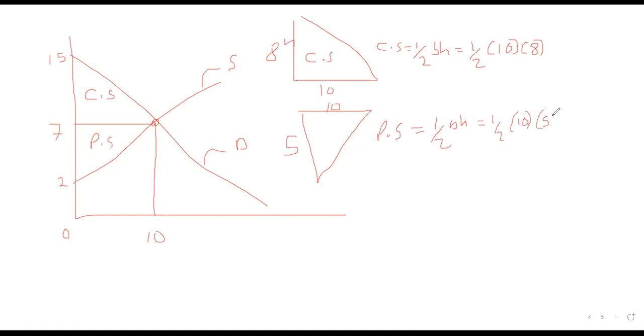So when you calculate that, half of 50 is 25. When you calculate this, half of 80 is 40. So our consumer surplus is 40 and our producer surplus is 25. When we add both the consumer surplus and the producer surplus, what we get is called the total surplus. And in this case, our total surplus is 65. So here is how we calculate these surpluses.